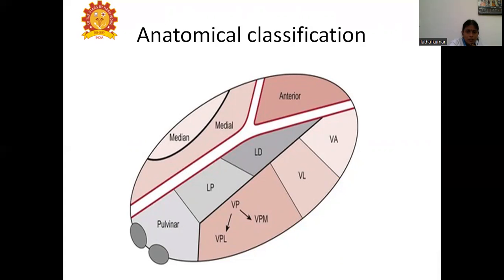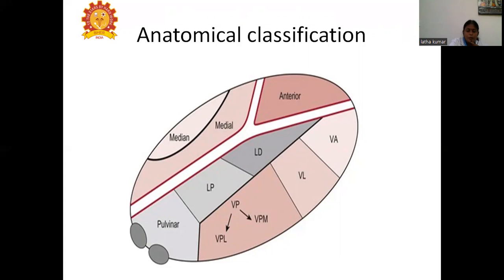This ventral posterior nucleus is again subdivided into ventral posterior lateral and ventral posterior medial nucleus, and medial and lateral geniculate bodies are present in the posterior zone of the ventral group nucleus. The dorsal group nuclei are lateral dorsal nucleus, lateral posterior nucleus, and pulvinar.